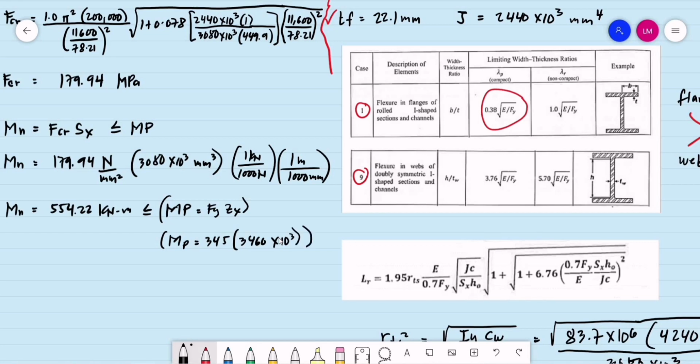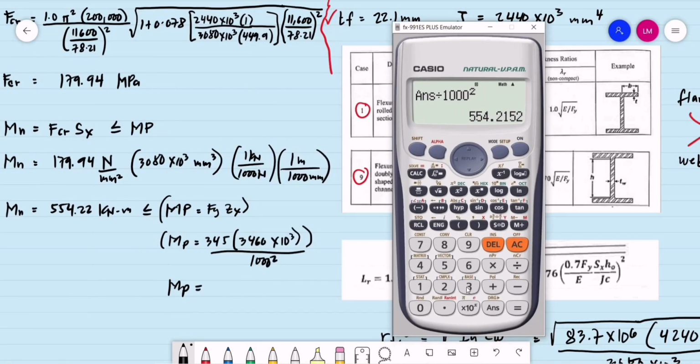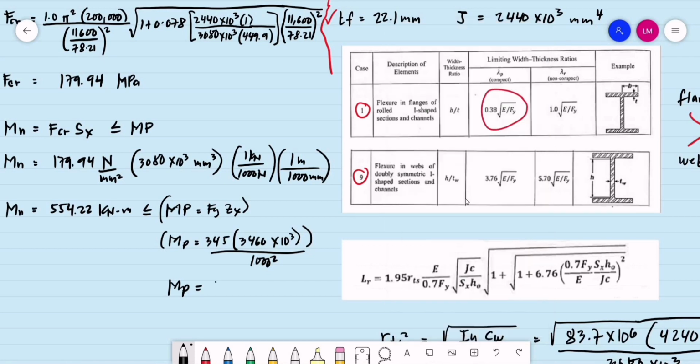Then it is to be divided by 1,000 squared for the value of M sub p to be in kilonewton meter. So we have 345 multiplied by the plastic section modulus 3460 times 10 raised to 3, divided by 1,000 squared, and we have that as 1,193.7 kilonewton meter.